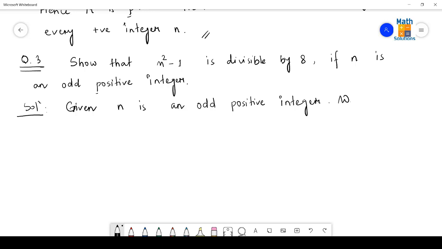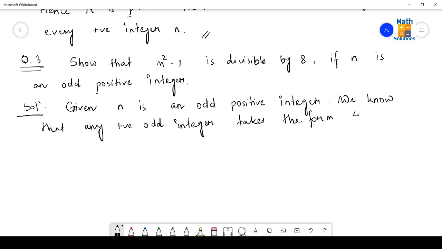We know that, after this we have to write, we know that any positive odd integer takes the form 4q plus 1 and 4q plus 3 for some integer q.